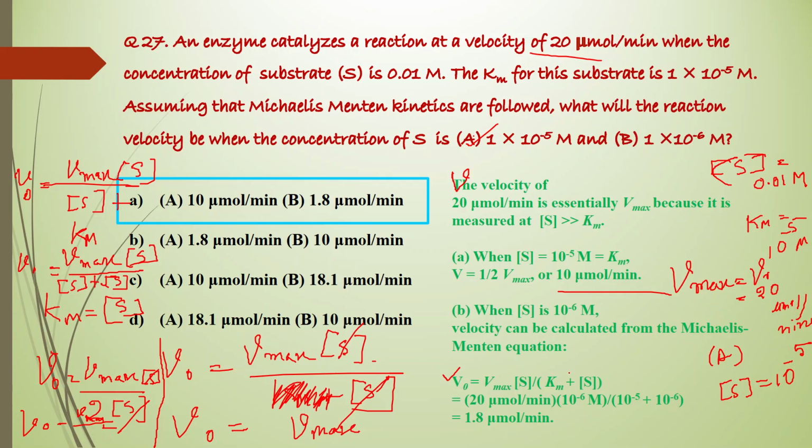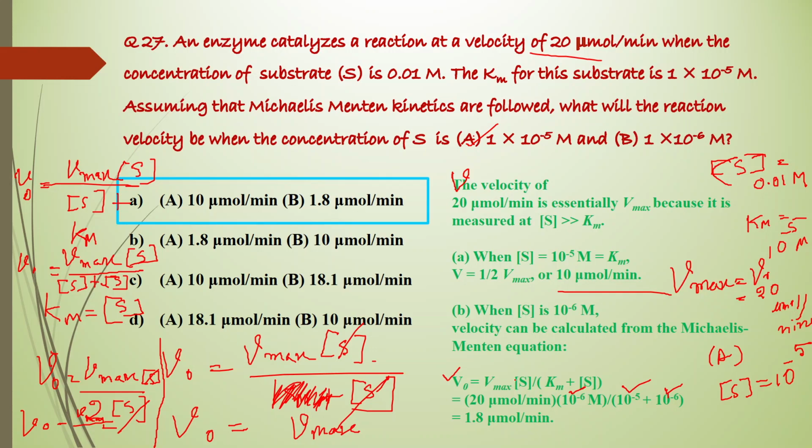So this is our Michaelis-Menten equation. For option B, the substrate concentration is 10 to the power minus 6. So for substrate, we are putting 10 to the power minus 6. Here also we are putting 10 to the power minus 6. Km value we already know, 10 to the power minus 5.